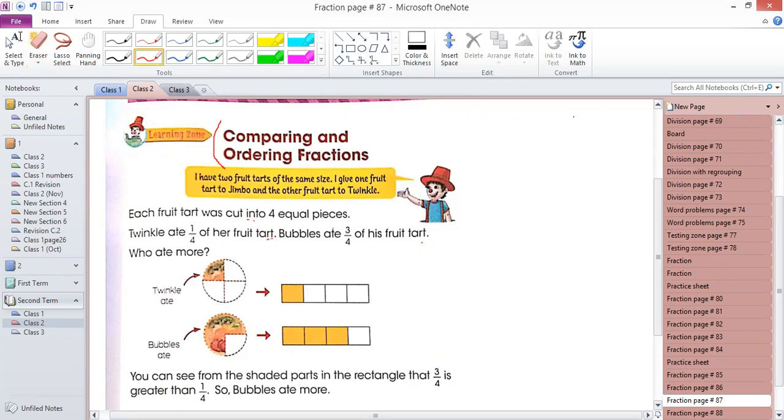Comparing and Ordering. ordering Mm-hmm. fraction. Yes. I love island. Sorry.